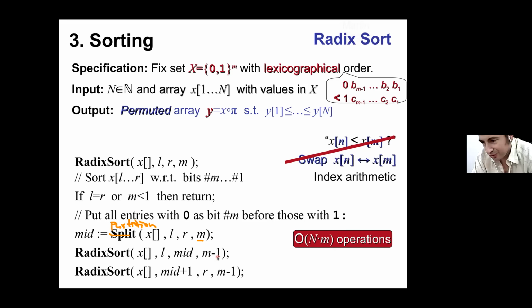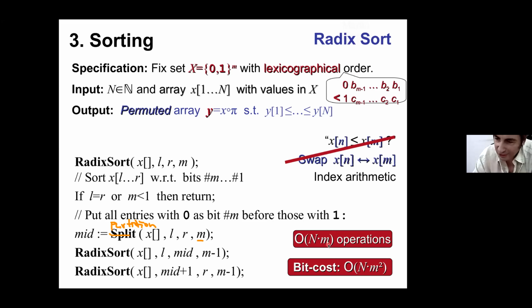Now you can very easily see that every element in the array is examined and swapped only one time according to each one of its bits. So since there are capital N elements with small m bits, there are capital N times m operations, or a constant times that. So you get something which is linear in the elements of the array.